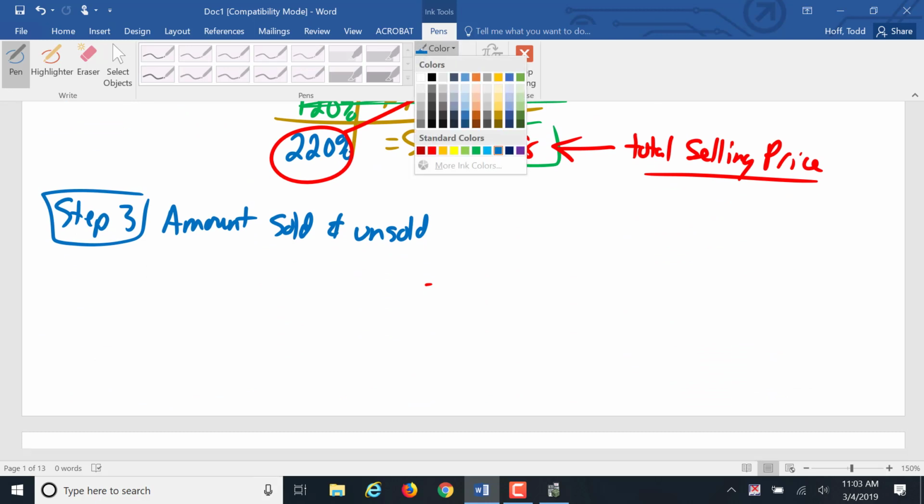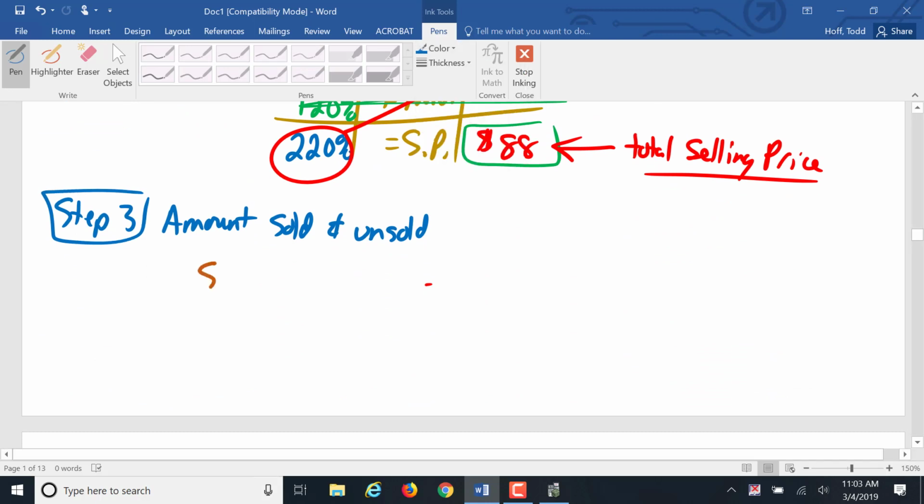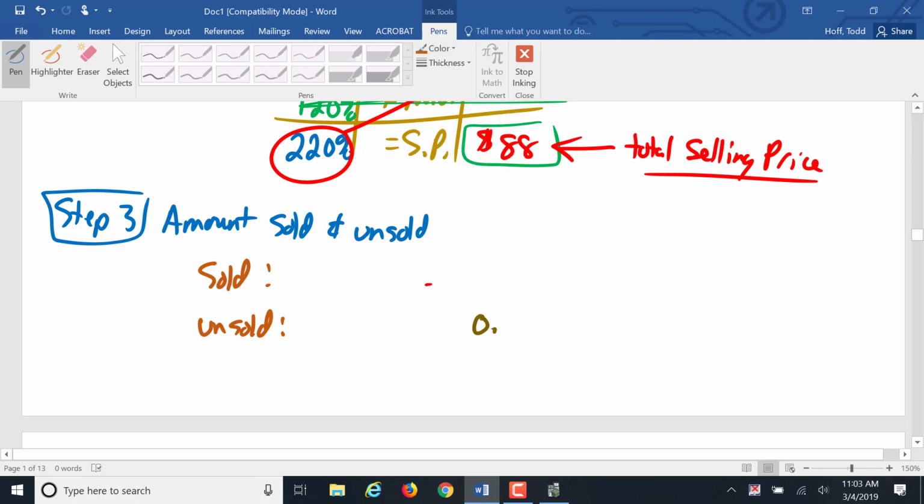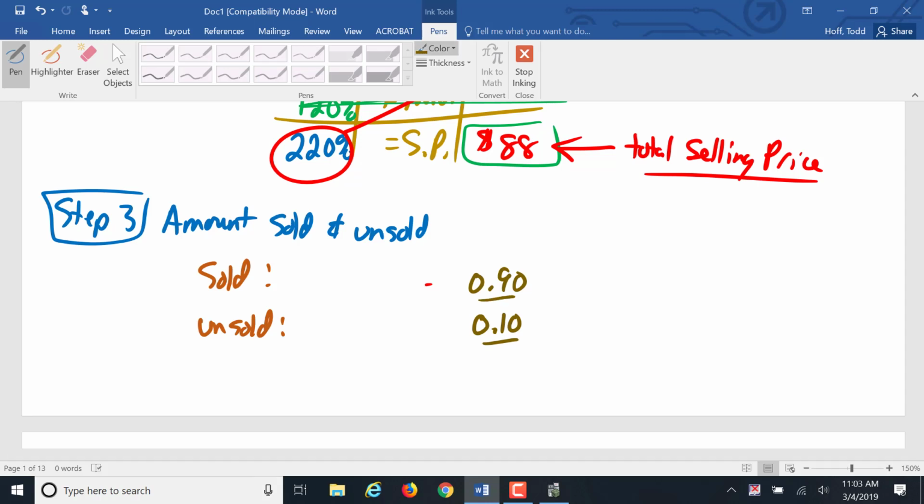So what we're looking at here is we have the sold and unsold. Unsold is 10%. That's 0.10. So the sold would be 100 minus 10 would be 90%. 0.90. Again, that adds up. 10% unsold, 90% sold. 200 donuts.